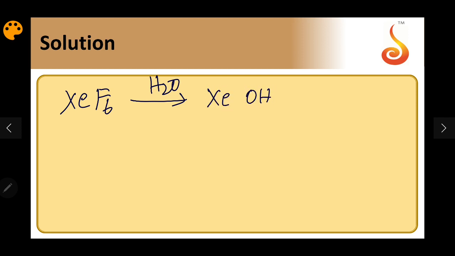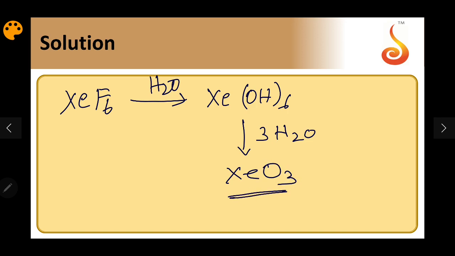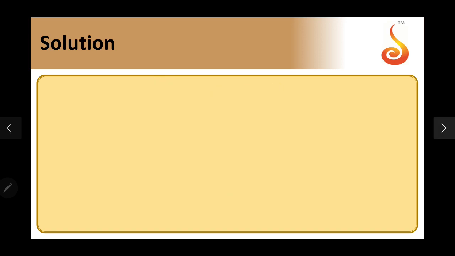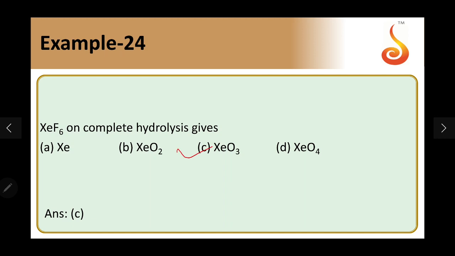That is a complete hydrolysis. There are 6 OH on one single atom, so it will lose water immediately, losing 3 molecules of water, finally forming XeO3. That is the product of complete hydrolysis of XeF6. So option C, XeO3.